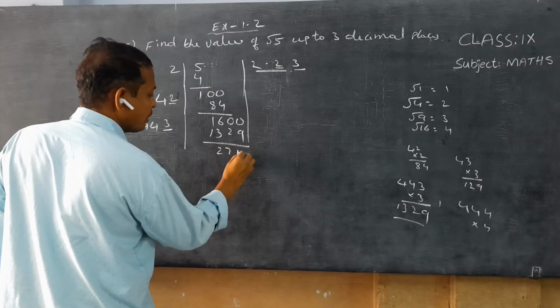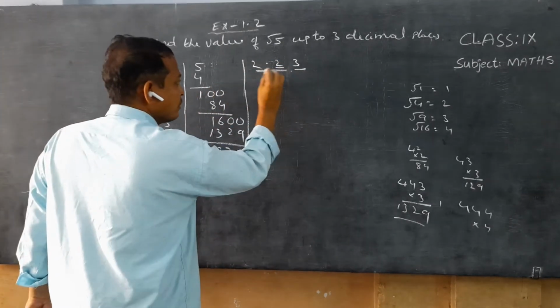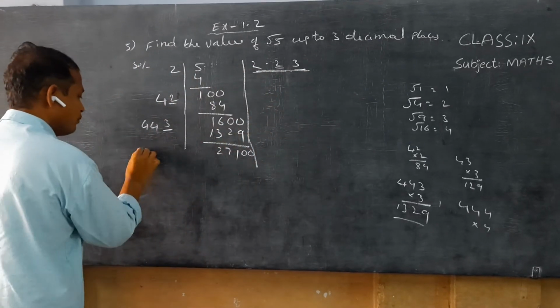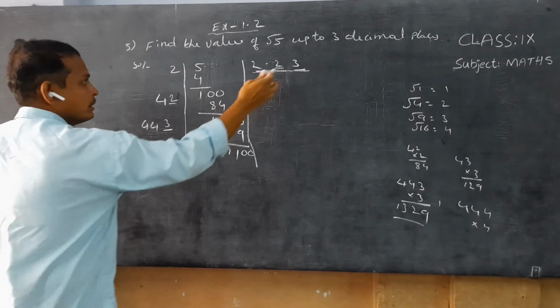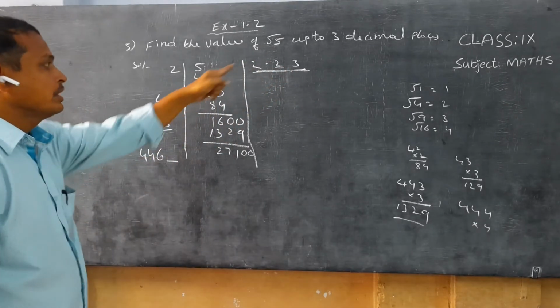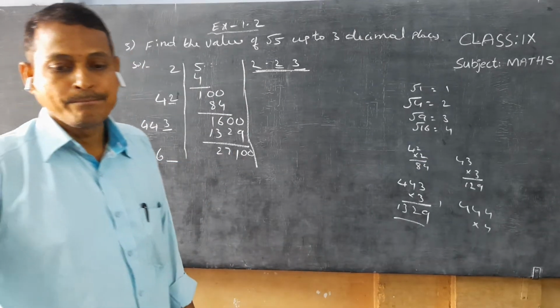271. Again we should bring down 2 digits. Again, totally we have to convert it to double: 2 doubled is 4, 2 4 3 doubled is 6. Again, next we use the required value for division by 2. 27100, again.